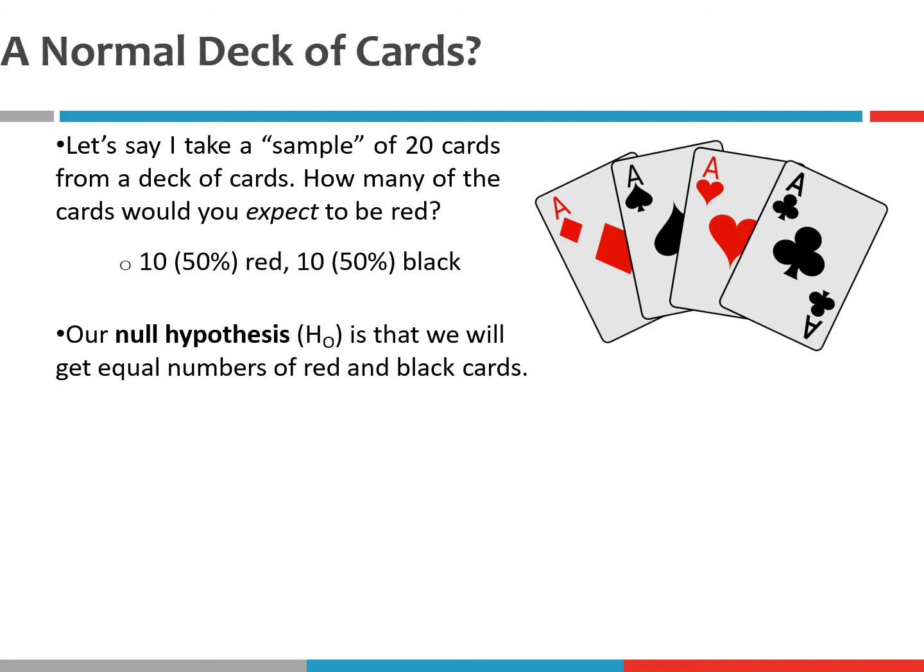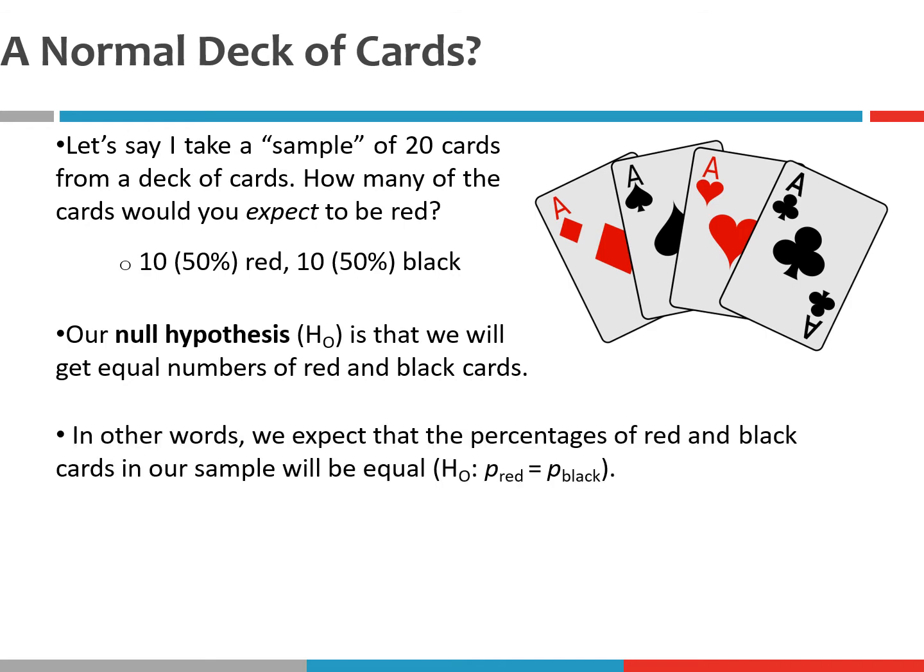So our null hypothesis is that we will get an equal number of red and black cards. Okay, so in other words, we expect that the percentages of red and black cards in our sample will be equal to each other, right?